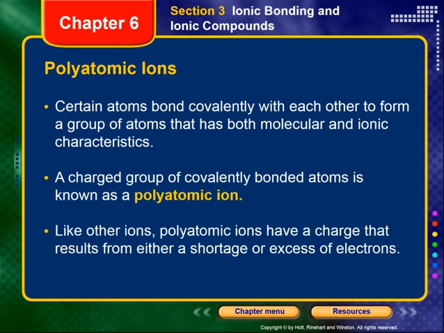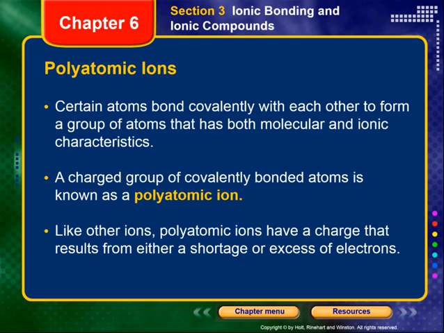So moving on to polyatomic ions, and the name is exactly what it sounds like. There are certain atoms bonded covalently to each other to form a group that has both molecular and ionic characteristics. The group is charged, so there's the ionic characteristic: an excess or deficiency of electrons creates a charge.